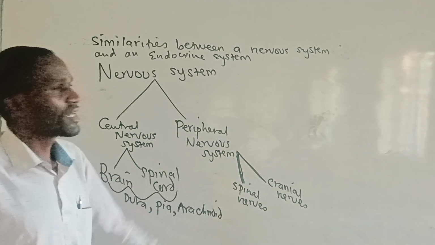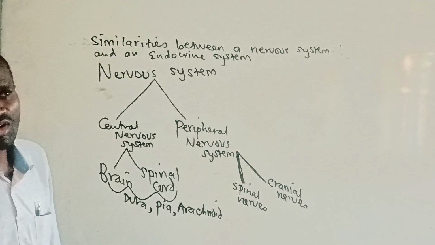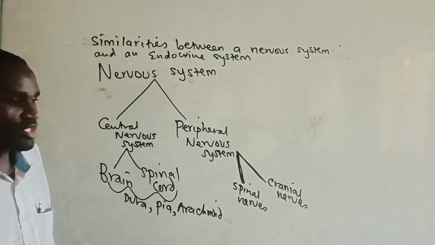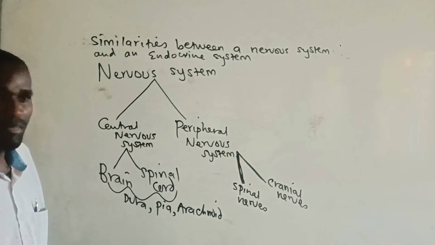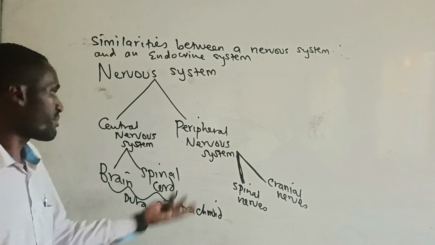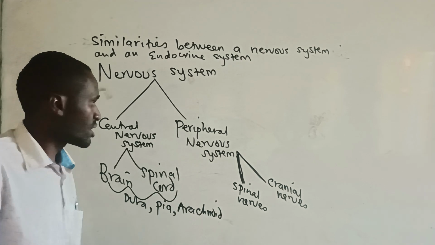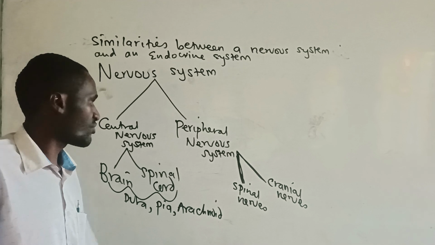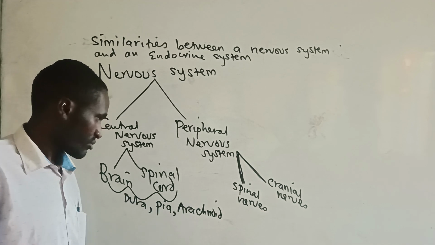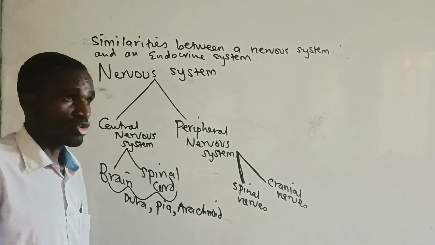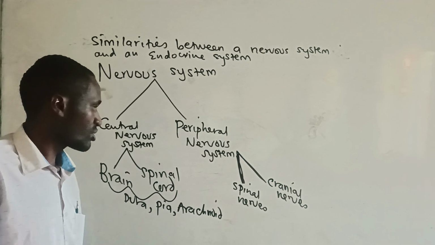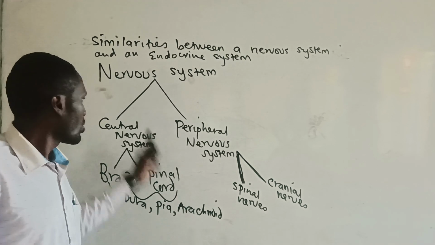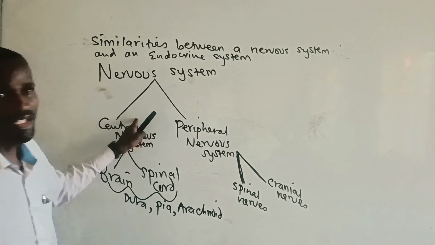The cranial nerves are 12 pairs of nerves found within the neck and the head region. The oculomotor, the trigeminal, the vagus, the auditory. There are so many nerves that form the cranial nerves. Even the optic nerve sends messages to the brain for interpretation. So the central nervous system is the center of interpretation.